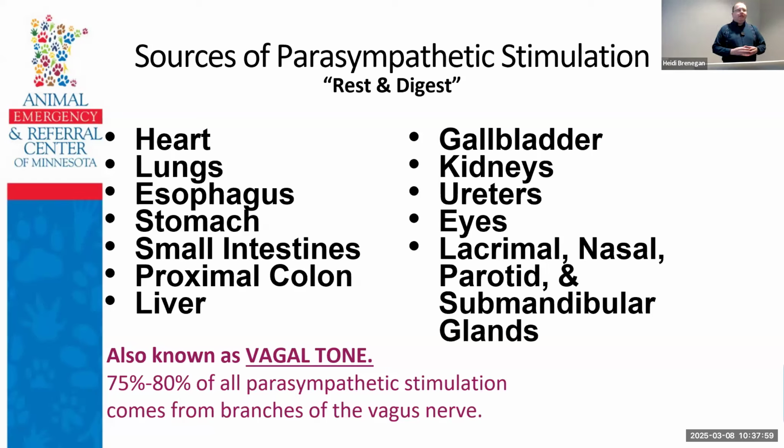So things that have parasympathetic innervation are things like heart, lungs, esophagus, stomach, basically all the digestive tract, kidneys, ureters. You have parasympathetic innervation at the eyes and submandibular area. So everything basically at the trunk of the body and the head and neck, the extremities have little or no parasympathetic innervation. Nothing you do to a hand or a foot is going to cause parasympathetic innervation or stimulation.